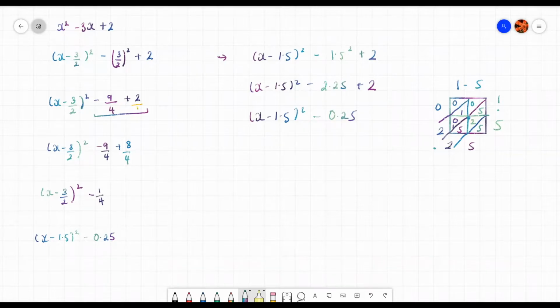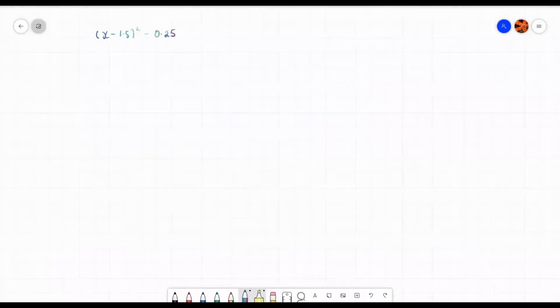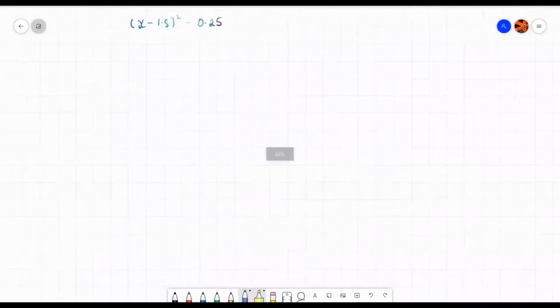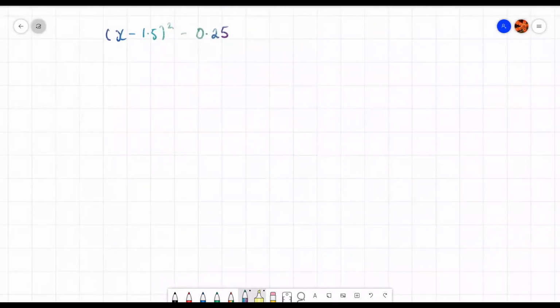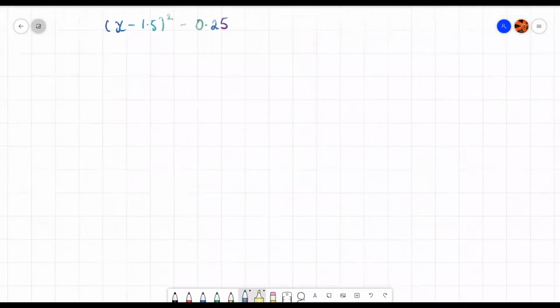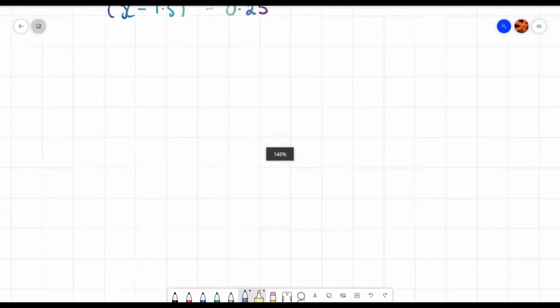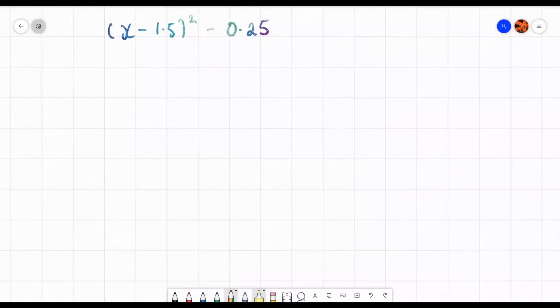Okay, rightio. Let's have a look at some example questions that I have picked out from GCSE papers to do with completing the square. I'm going to write out a question here. I'm just picking these from different GCSE questions for us to do.